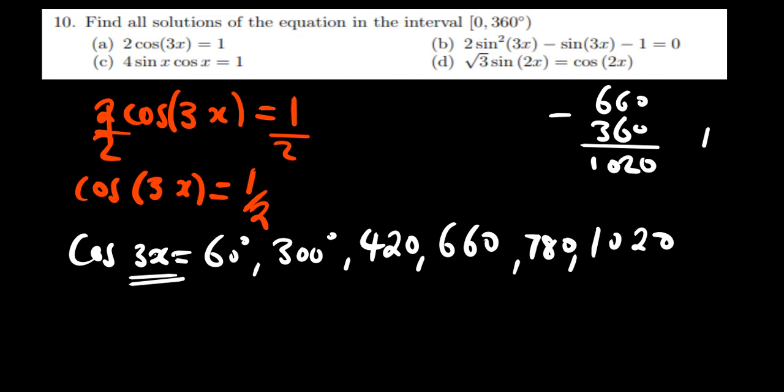Okay, so maybe let me first divide by 3, because now that we found these answers, we're finding x, we're not finding 3x. So we're going to divide by 3 throughout.